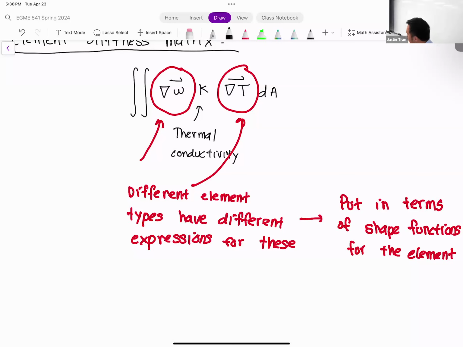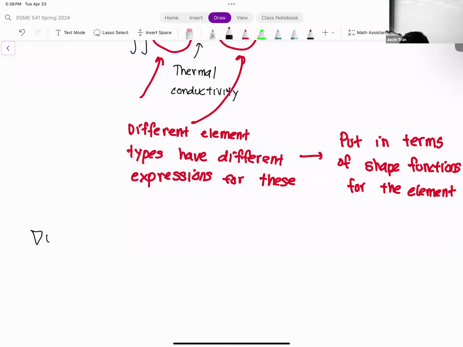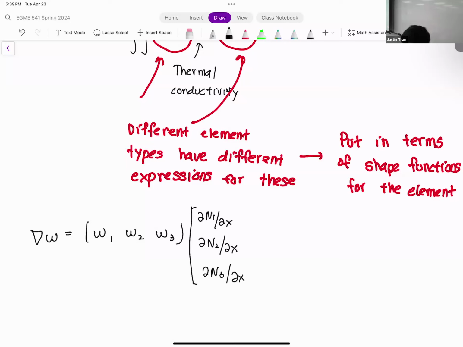For a triangle, we have 3 nodes and we're in 2 dimensions. So our gradient of W is equal to the row vector W1, W2, W3 multiplied by this 3x2 matrix: partial N1 partial X, partial N2 partial X, partial N3 partial X, partial N1 partial Y, partial N2 partial Y, partial N3 partial Y.